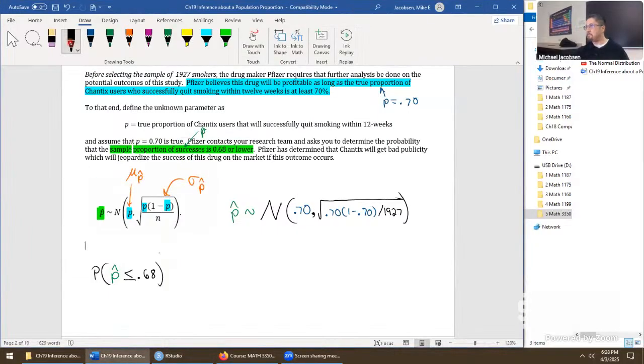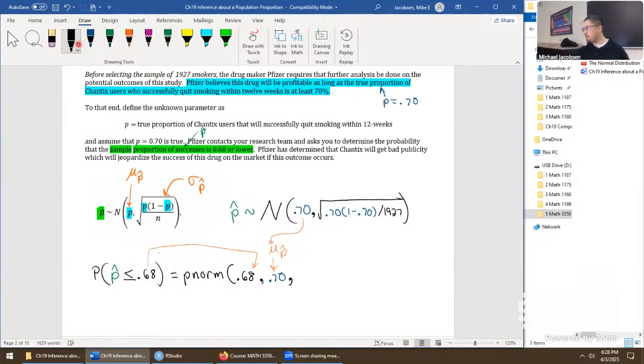Let me put down that the syntax on this is going to be pnorm. We take this value first, 0.68. So from the probability statement, just import that directly down. Next part is going to be mu p hat, which is 0.70.